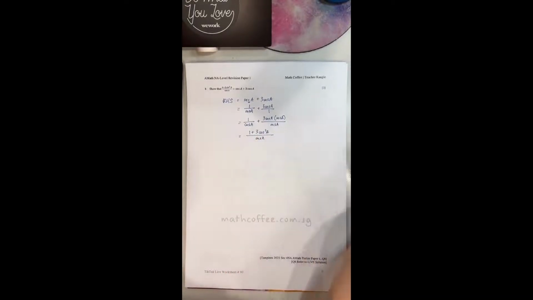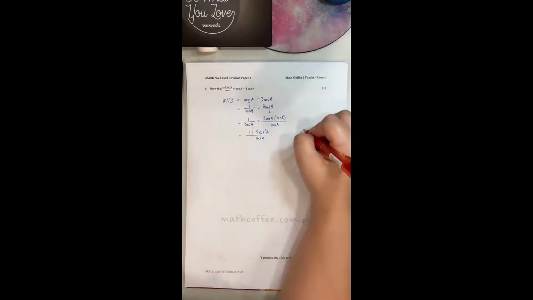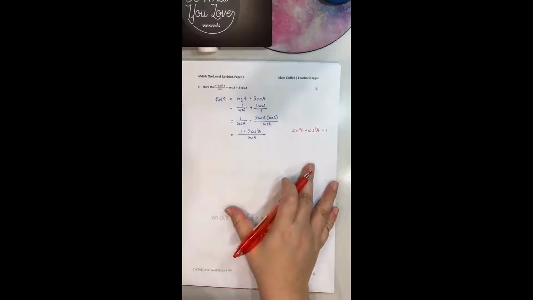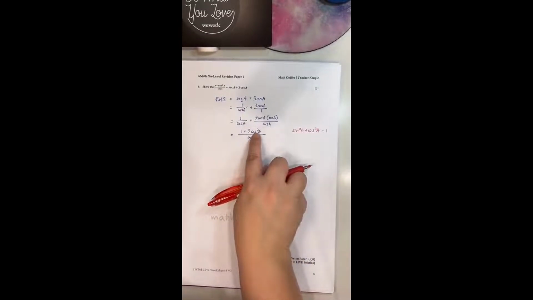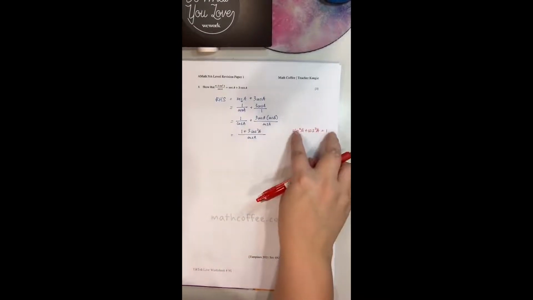Okay, so what I'm going to do is I'm going to use this identity that you will see: sine square A plus cosine square A equals to 1. This is the first trigo identity that you learn and is in the formula sheet. So I'm going to make cosine square A the subject over here.